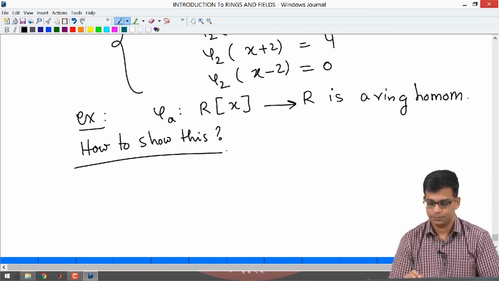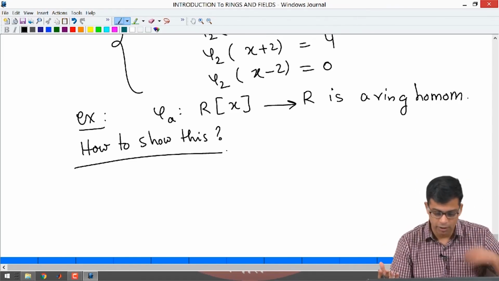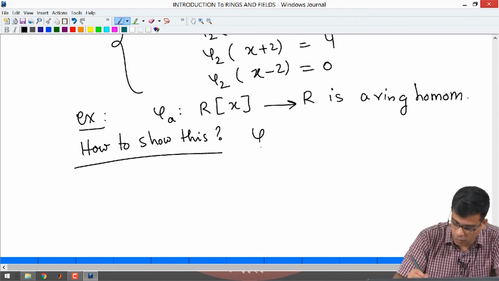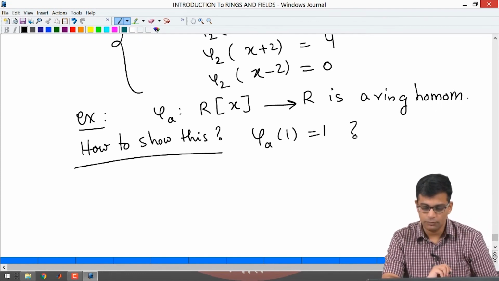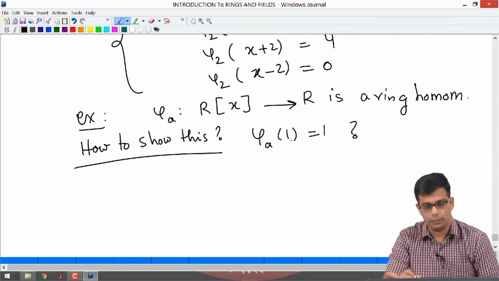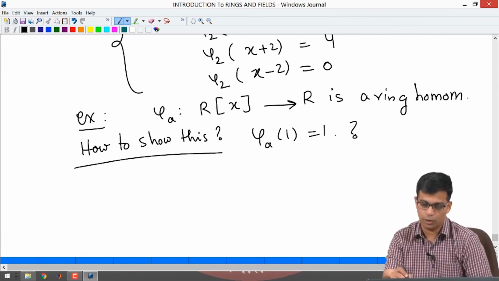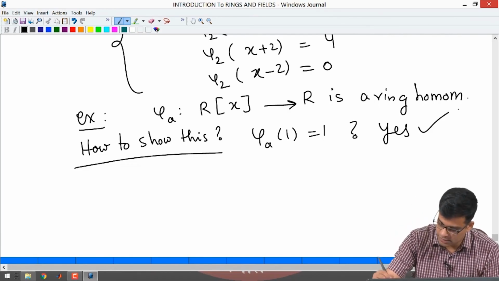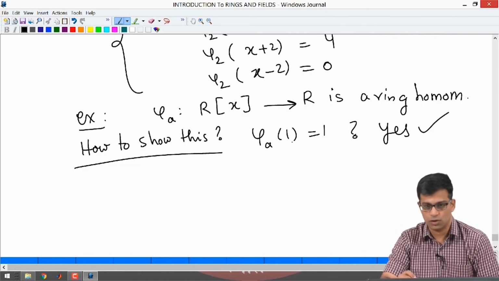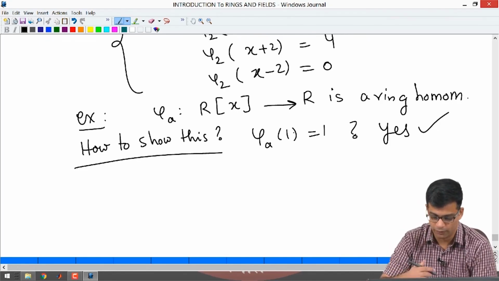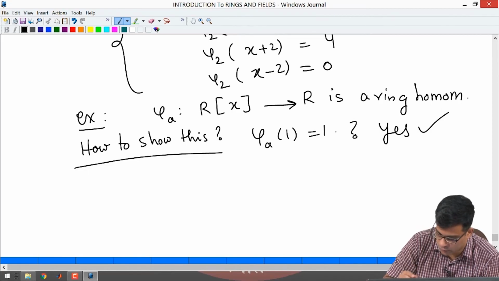There are 3 properties to check. First of all, is phi a of 1 equal to 1? Take the constant polynomial 1, substitute x equal to a, do you get 1? We get 1, because there is no x in 1. When you plug in a, there is nothing that changes. So, phi a of 1 is 1.